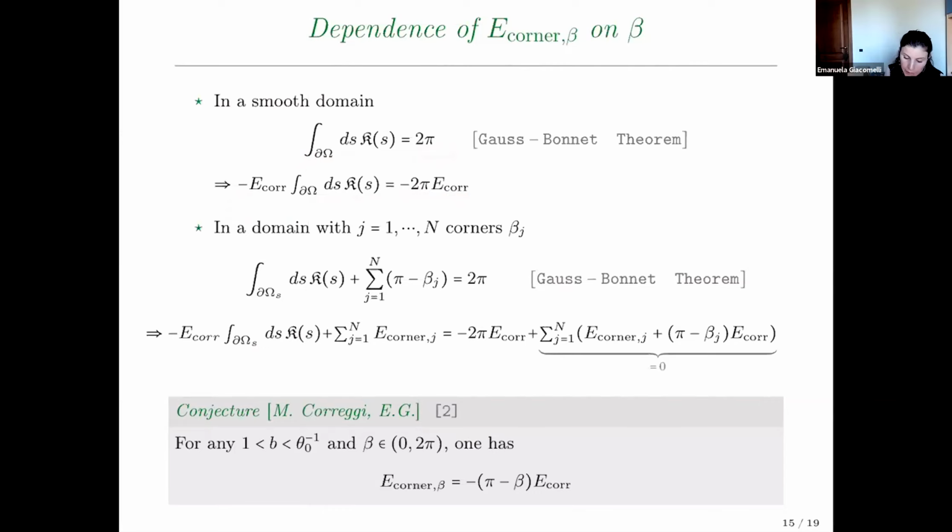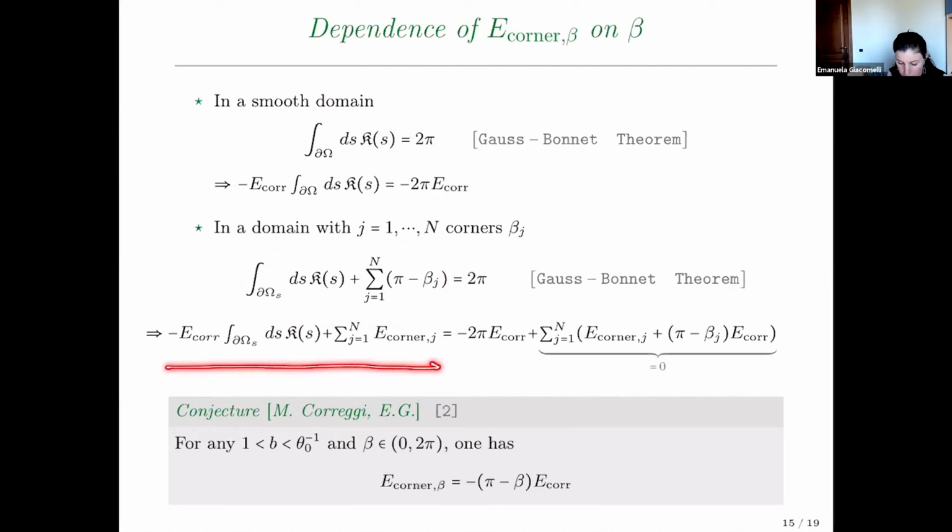Since we expect the same energy expansion, what we did was look at the Gauss-Bonnet theorem in the case of a domain with a finite number of corners. And what Gauss-Bonnet tells you is that if you look at this quantity here, these two quantities sum up to 2 pi. If you remember, our first leading order was given by this quantity here.